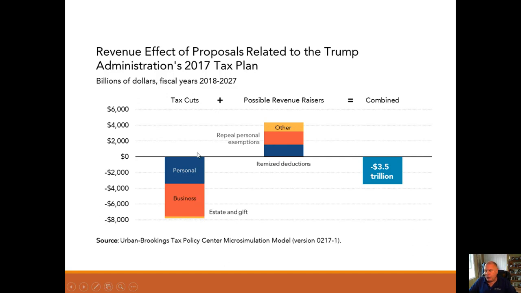The personal is primarily by those in the top income brackets. Then there are possible revenue raisers. They repealed the personal exemptions, itemized deductions, so that'll bring in about $4 trillion in revenue. So the combined cost of this is $3.5 trillion. So that tax bill, we said, cost $3.5 trillion.